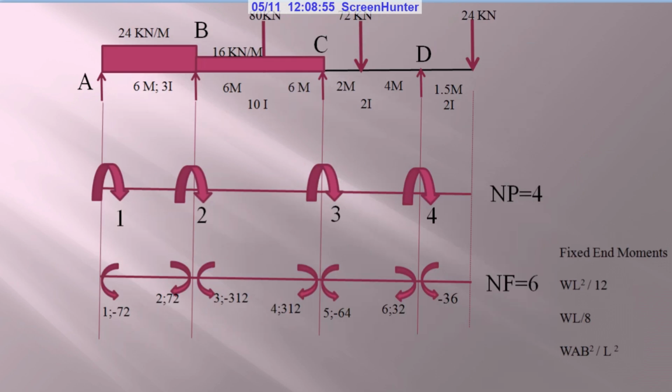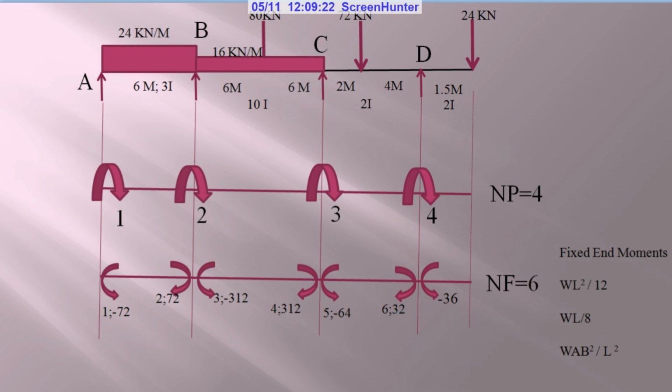Then the fourth rotation, this is the fourth rotation. Associated fixed end moment is 6, right? This is overhanging moment which is resisting. So the fixed end moment is number 6 at rotation 4.